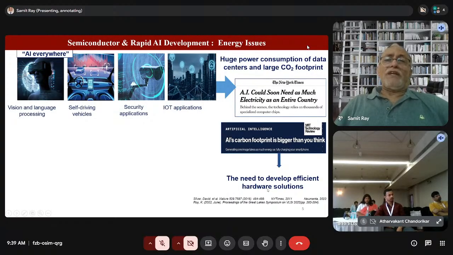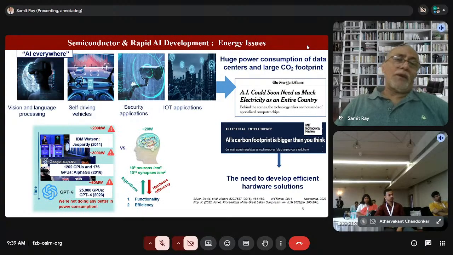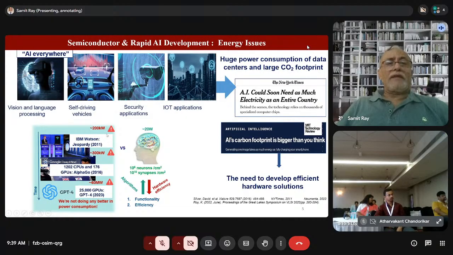If AI is to sustain continuous development and progress, just for comparison: in 2011, the IBM Jeopardy computer, which was some kind of AI model, was taking about 200 kilowatts of power. In 2016, it took about 100 CPUs, and power consumption was in the range of 300 kilowatts. Even three years back, ChatGPT was taking about 60 megawatts of power.